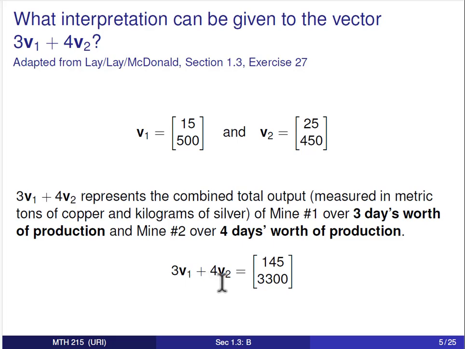Now, we are interested in dealing with quantities like this that are scalar multiples and sums of vectors. If you do the calculation out for 3v1 plus 4v2, you'll see that allowing mine 1 to run 3 days and mine 2 to run 4 days would produce 145 metric tons of copper and 3,300 kilograms of silver.